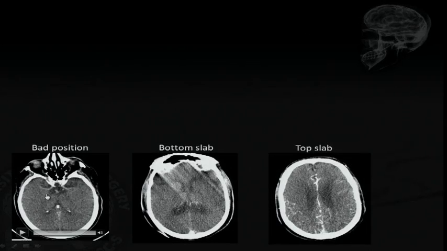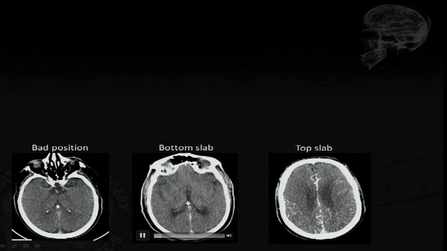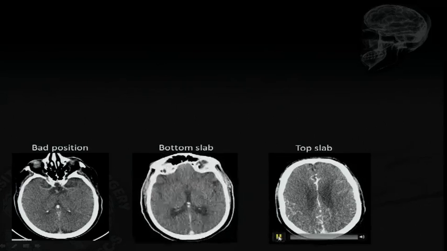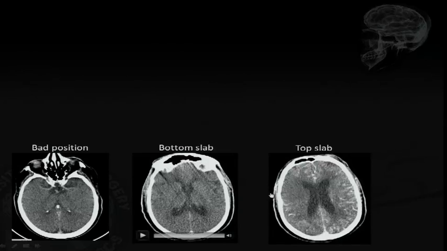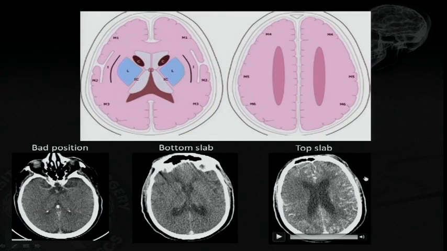We don't get any basal ganglia or just a little bit of the thalamus. RAPID will not process this. Okay, so our bottom slab has to be at the basal ganglia, and the top slab you want above the basal ganglia. These are the two that you want to get, and those are equivalent to the ones you look at for your ASPECTS.